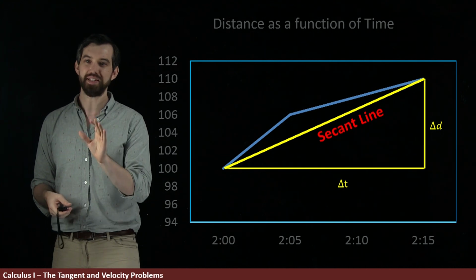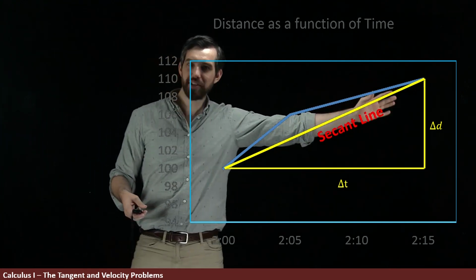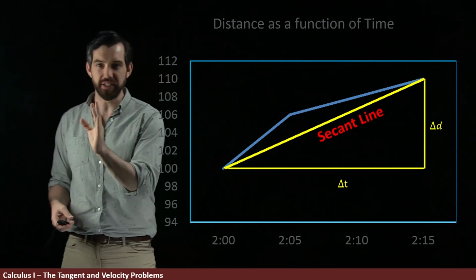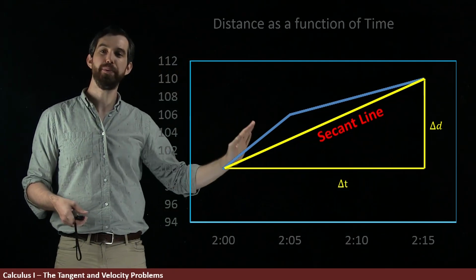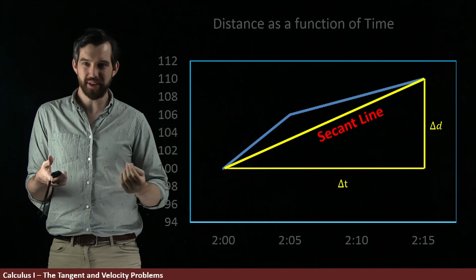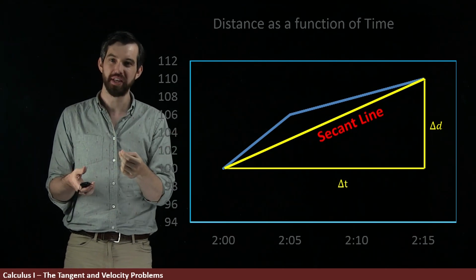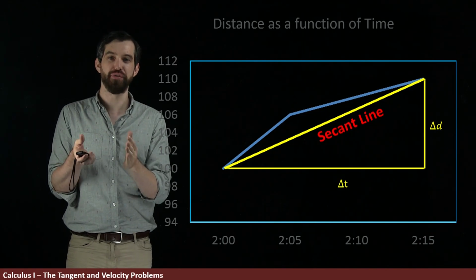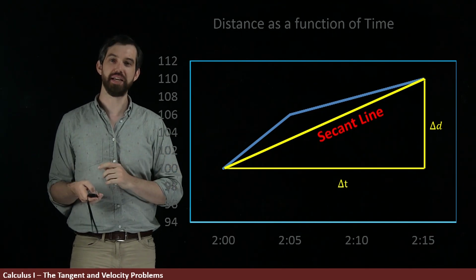And what we've seen is that the average velocity over this entire graph is just the slope of the secant line. Regardless of what the actual graph is, regardless of how the actual car moves, its average velocity over this interval is the same thing as the slope of the secant line.